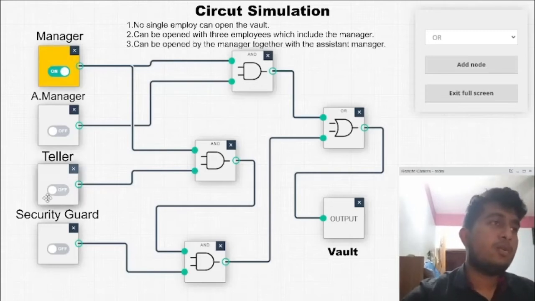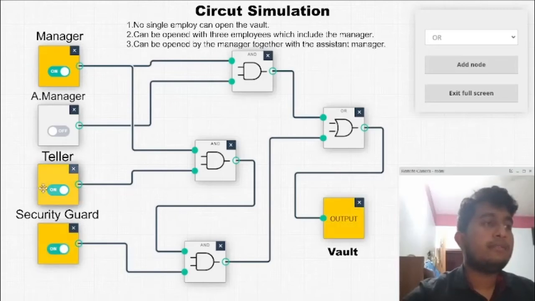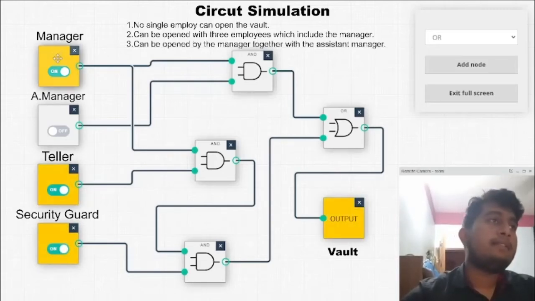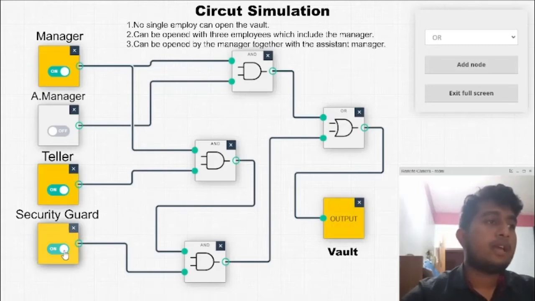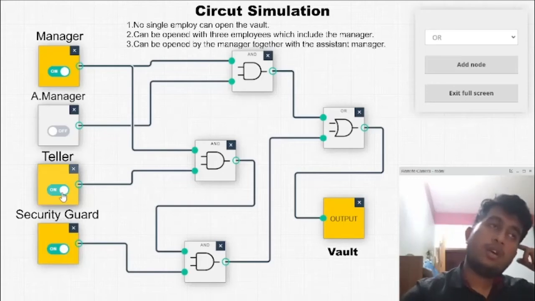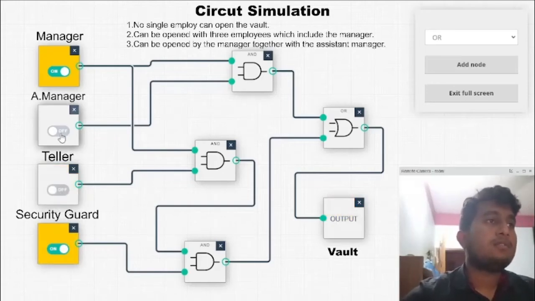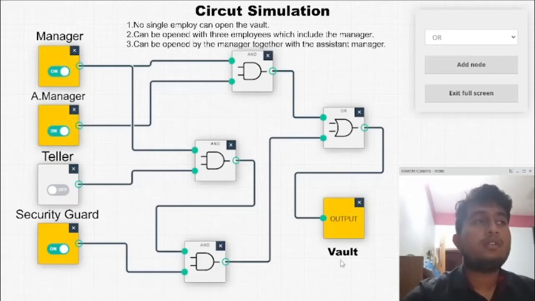So we turn on teller and also security guard. By these 3 members the vault can be opened. Here we can see if we turn off teller and turn on assistant manager, it can also open the vault.